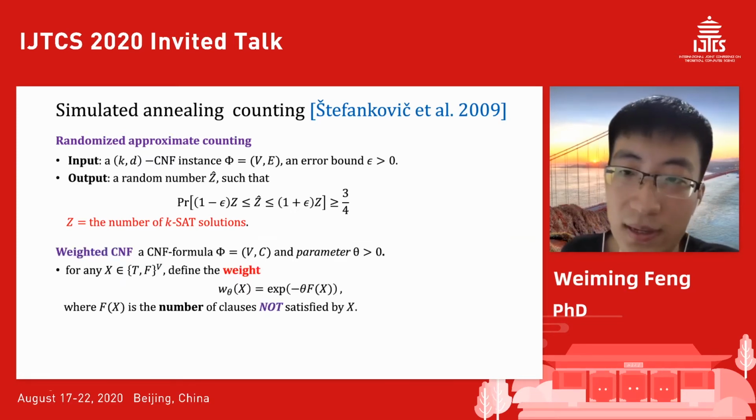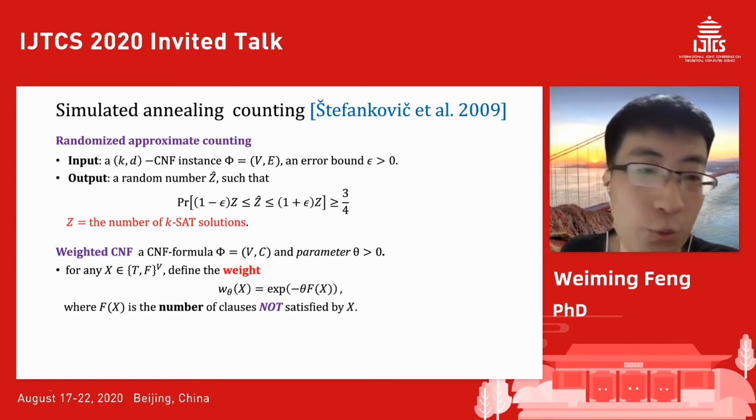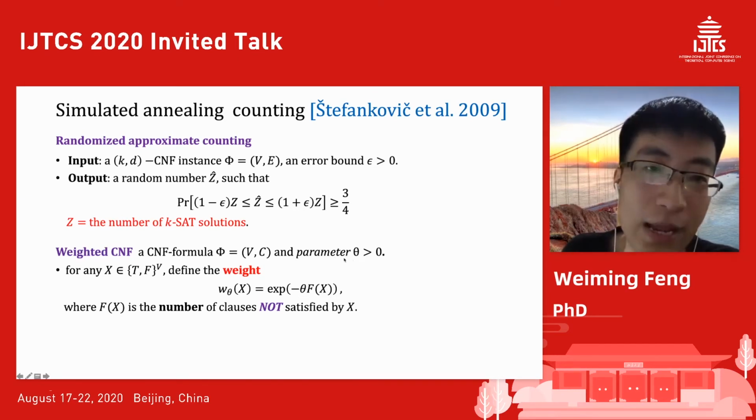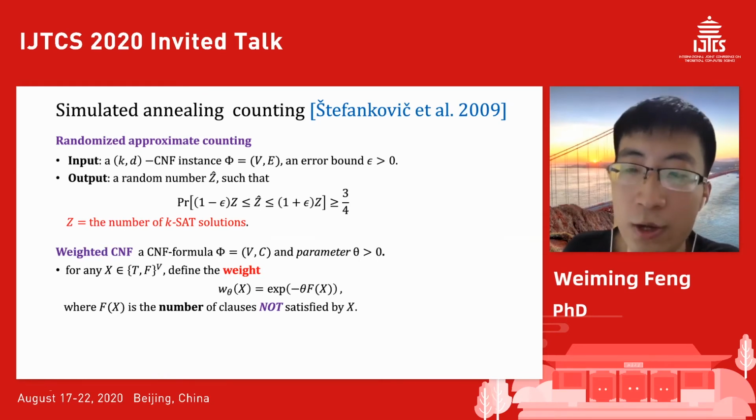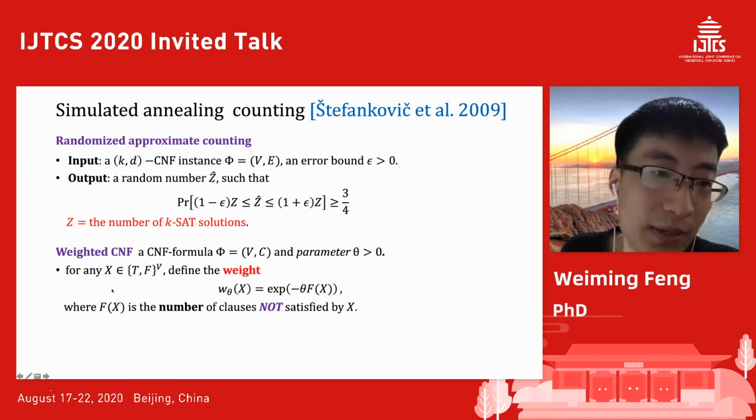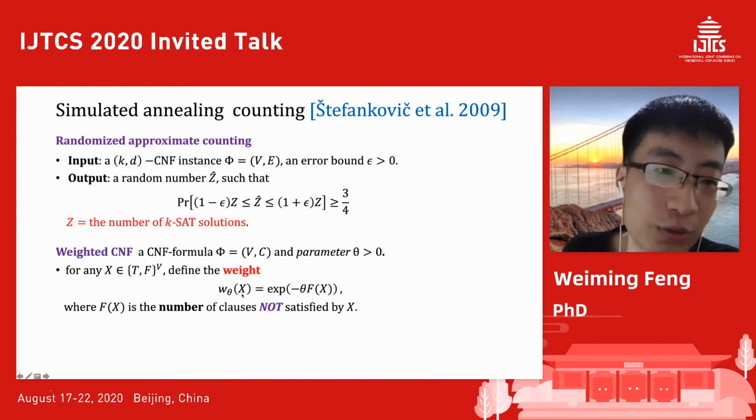To reduce the counting problem to a sampling problem, we need to define a weighted CNF formula. Now, suppose we are given a CNF formula phi. We are also given a parameter theta. Theta is also called the temperature. For any assignment of variables x, we define the weight of x with respect to the temperature theta as e to the minus theta f(x).